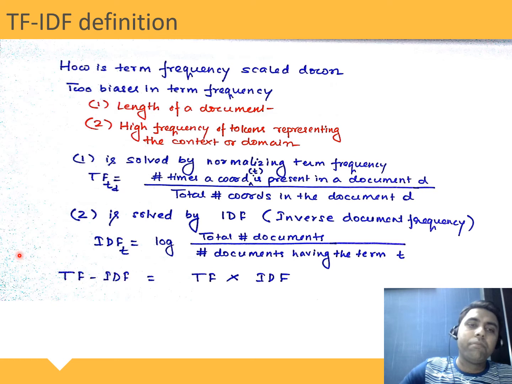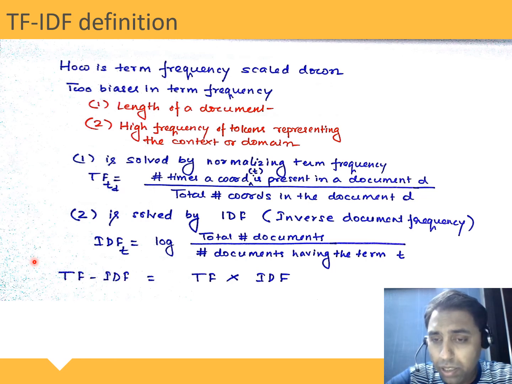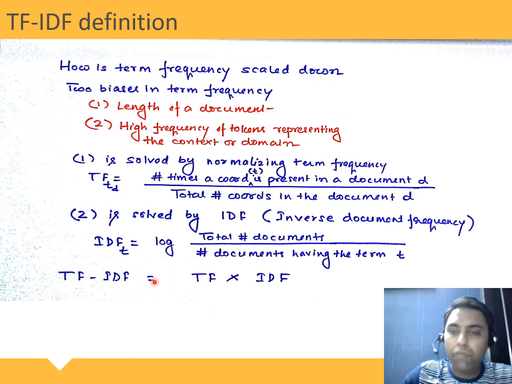So the inverse document frequency will be large: if a word is very rarely occurring in your documents, then the way IDF has been designed, it will scale up the weight of that word. So whenever that word is present in any document, its term frequency will be multiplied by a larger factor, which is the IDF of that word.